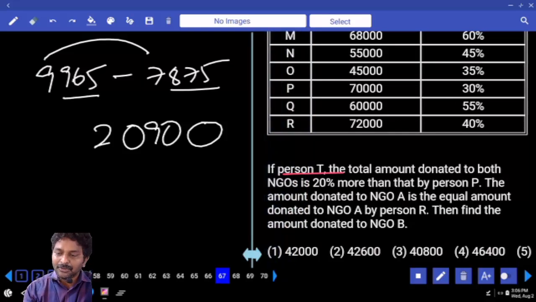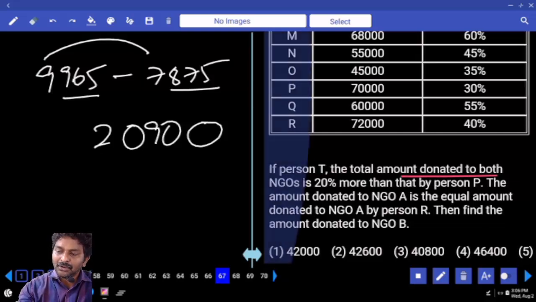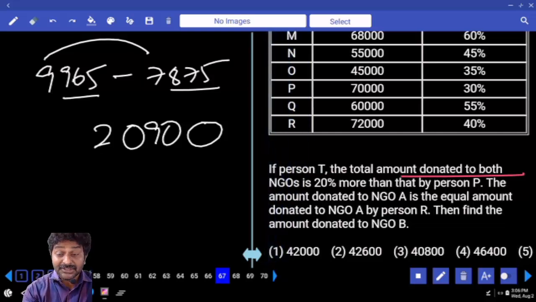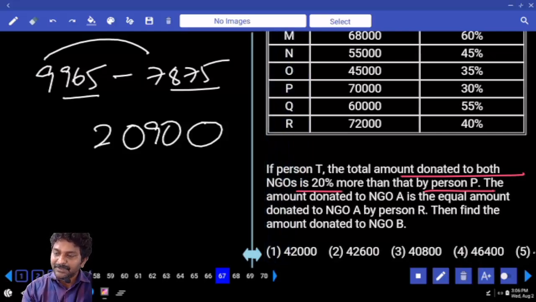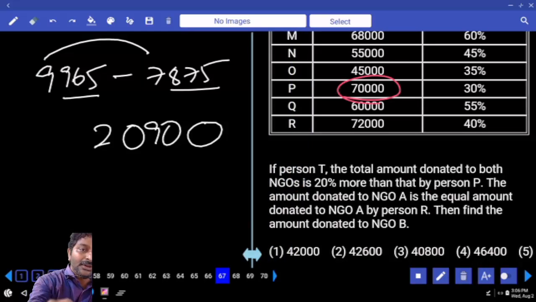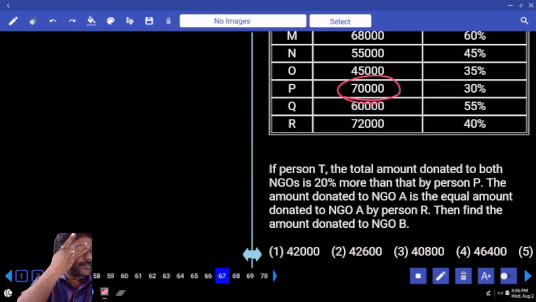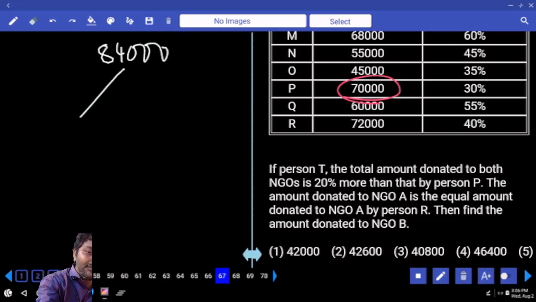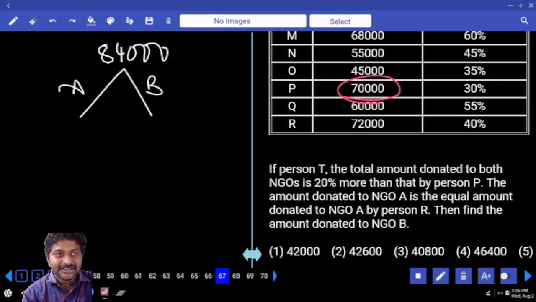They are talking about new person T who donated to both NGOs the amount which is 20% more than P. What is P value? 20% of that number? 14,000. 14,000 more, right? That means 84,000, which is given to both NGOs A comma B. By which person? T. By person T.